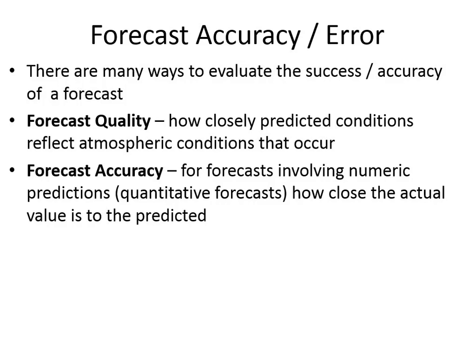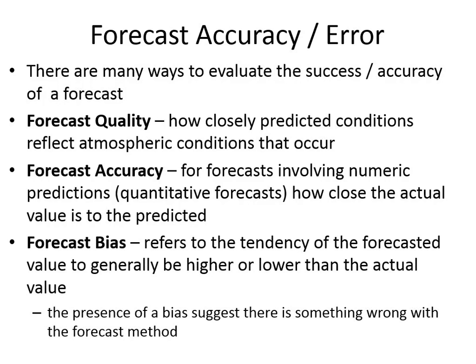Say for the next 5 days, the high is going to be 58, 62, 70, 49, that sort of thing. We can go back after it occurs and see how correct they were. So we can come up with an accuracy measurement against what they forecasted.